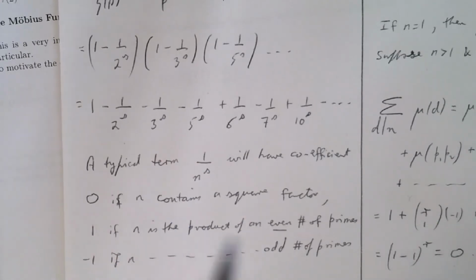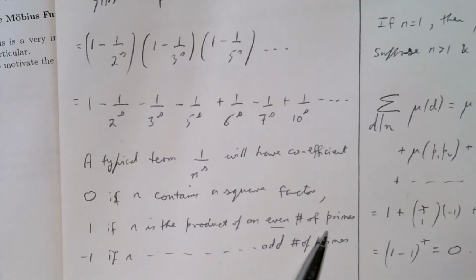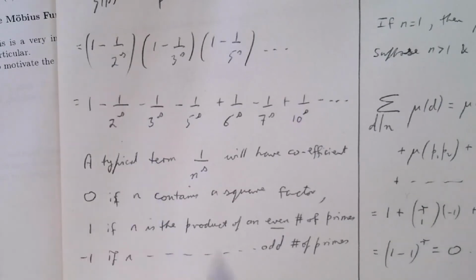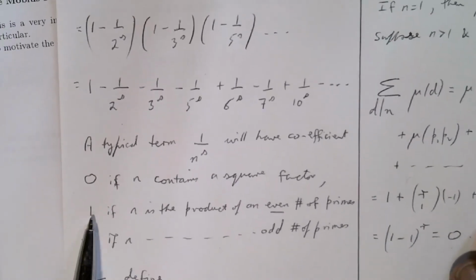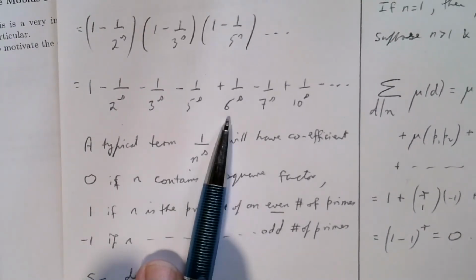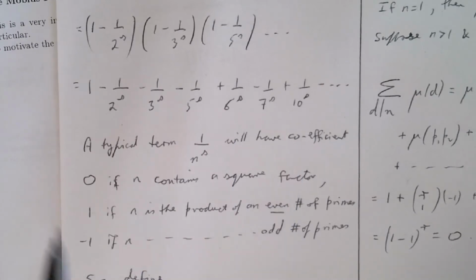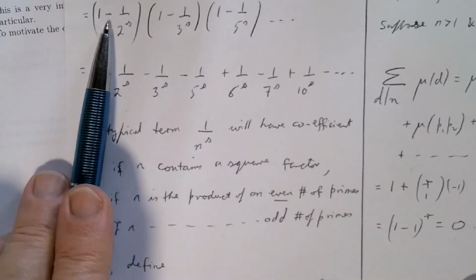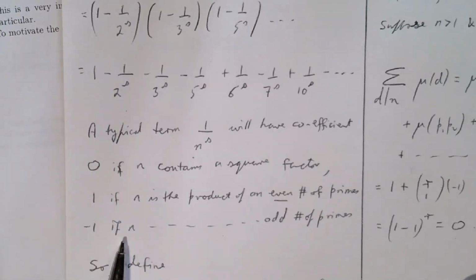If n contains an even number of primes, then each prime has a minus attached to it here, and with an even number you'll get an even number of minus 1s, which gives 1, which is what happened here, for example, with the 6 and the 5. And if you've got an odd number of primes, then you'll get an odd number of these negatives, and you'll get minus 1.